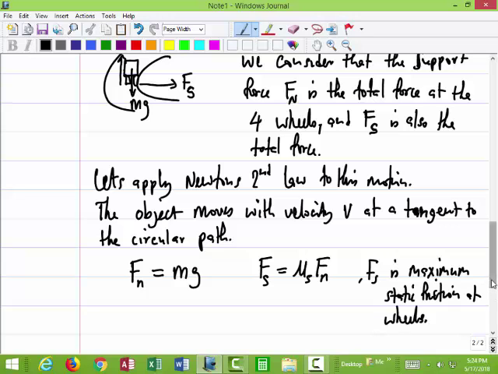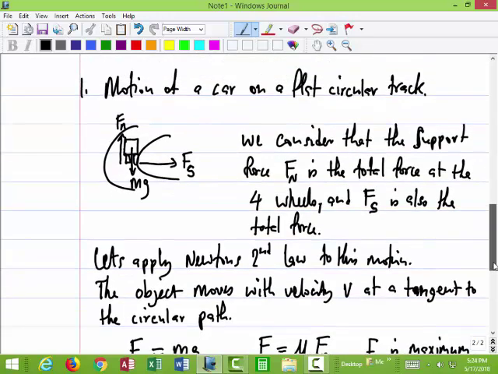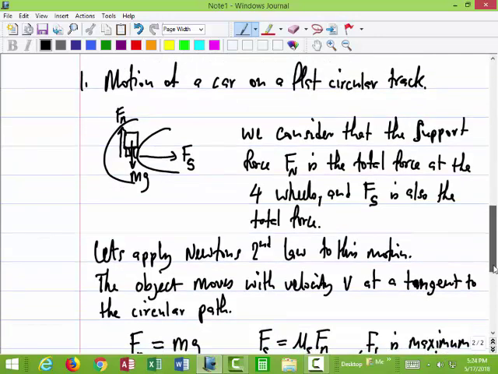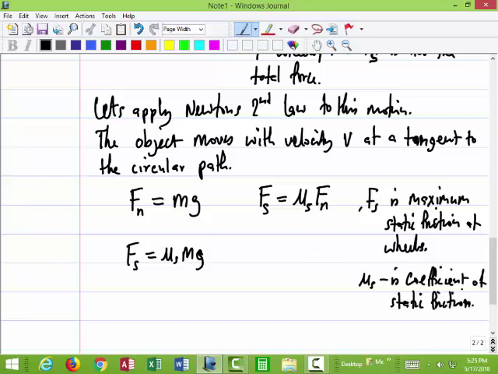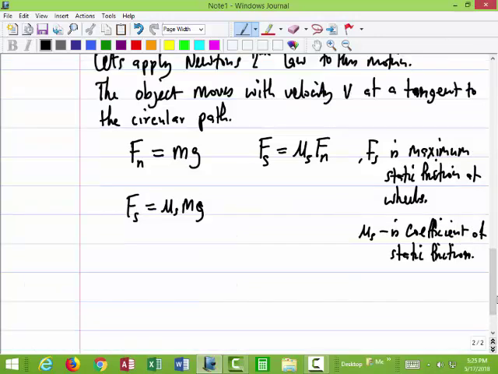I've changed the label, calling it Fs instead of Fc so that we don't confuse it with centripetal force. These are the forces acting on the vehicle. So we can write Fs, the maximum static friction, as mu subscript s mg. Note that mu subscript s is the coefficient of static friction.